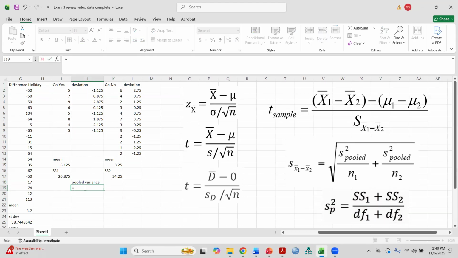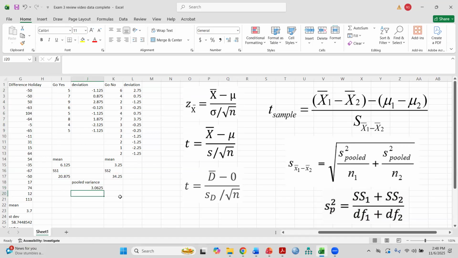So the pooled variance equals, I'm going to throw in some parentheses, sums of squares for group 1 plus sums of squares for group 2, right? That's what this is saying, divided by, I could again either do the degrees of freedom for this group plus the degrees of freedom for this group, or you could just see how many people are in the total sample minus 2. And that's what I'm going to do right now, which is just 20 minus 2, right? Should give you 18.